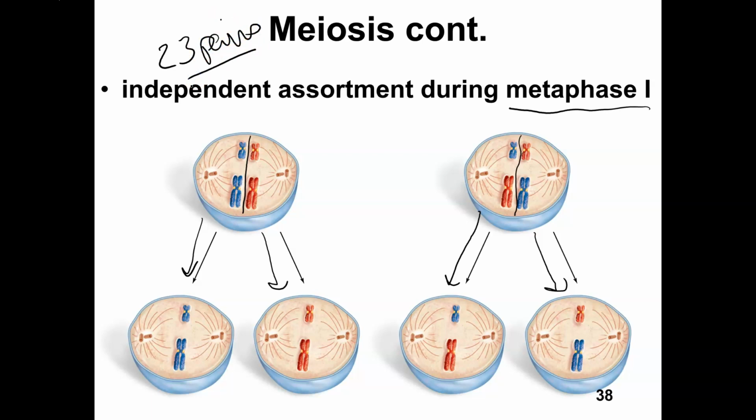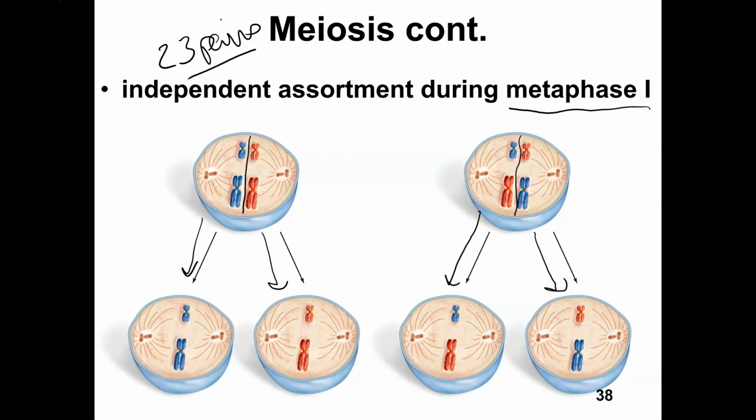So we could get all of the blue chromosomes, so all of dad's chromosomes in one cell, all of mom's chromosomes in another cell. We could get all but one of dad's chromosomes or all but one of mom's chromosomes.